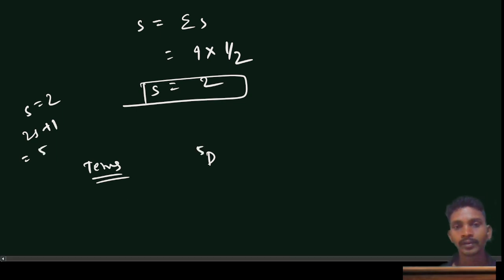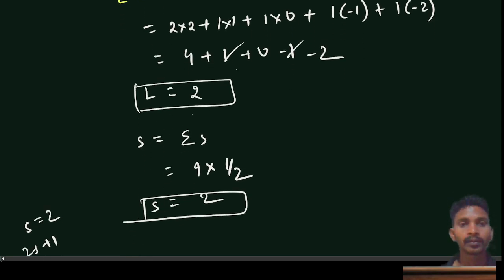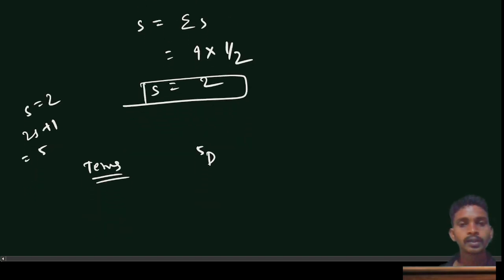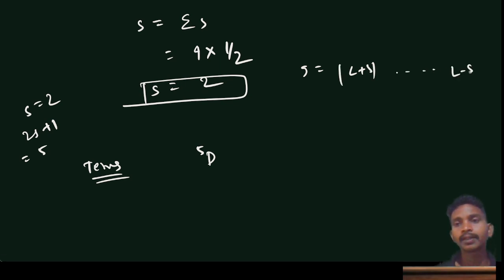The J value will be L plus S down to L minus S, so that is 2 plus 2 is 4, then 3, 2, 1, and 0 is also there.